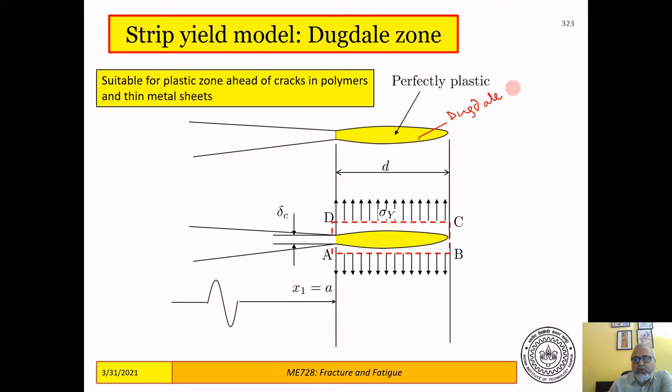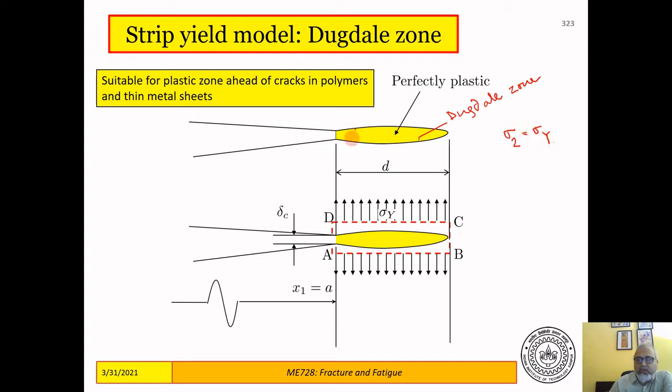If we assume that this is a perfectly plastic material, and plane stress applies because we are talking about thin sheets, then sigma 2 is the only principal stress that's important, and sigma 2 has to be equal to sigma y at yield.